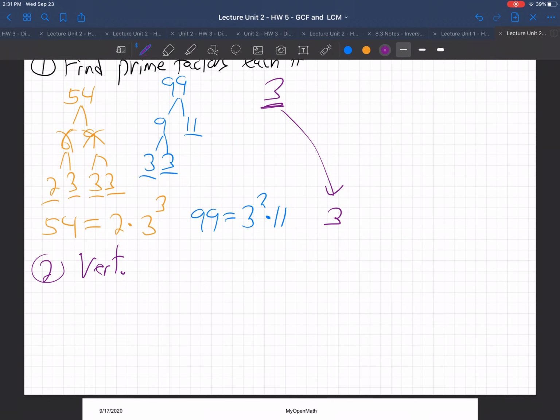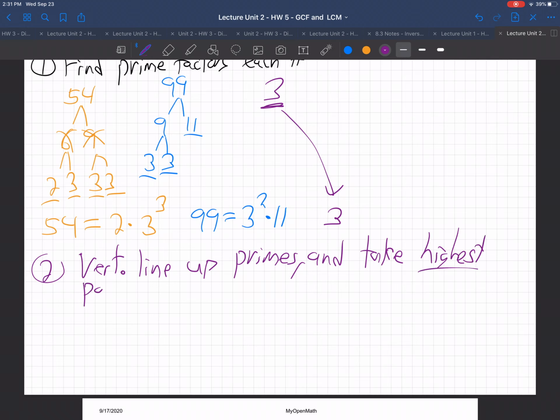Okay, now step 2: vertically line up the primes and take the highest power for each prime, which equals the LCM.